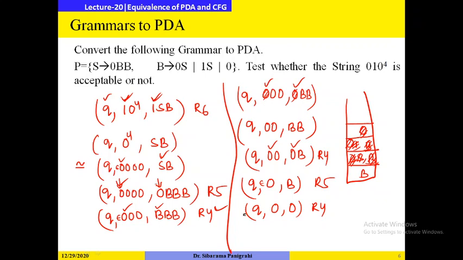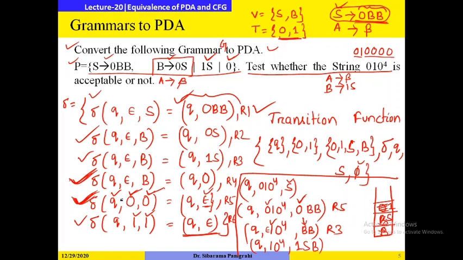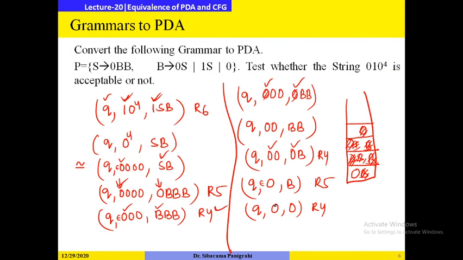Now what will you do? This B will be replaced with 0. Now Q00. Which production will you use? Q00 means Q epsilon, which means you have erased one symbol. So you have consumed this 0.